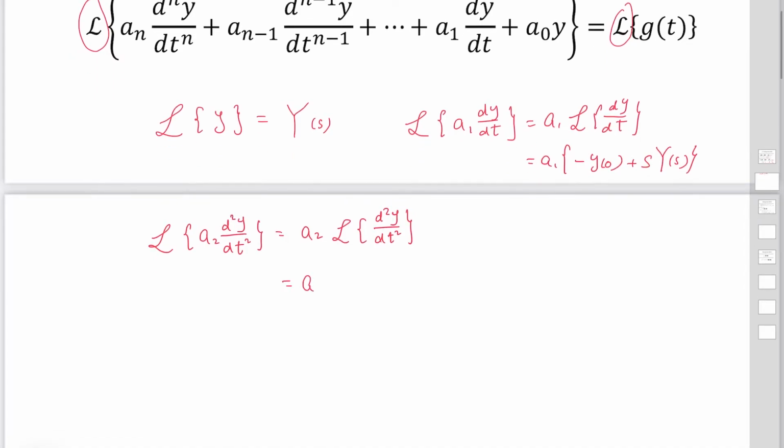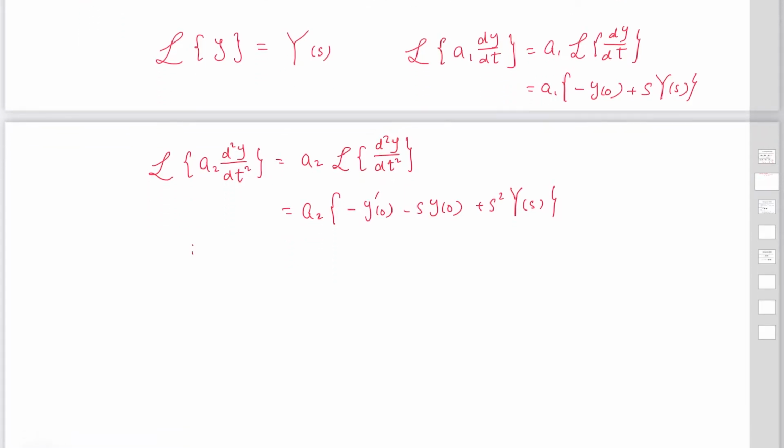This becomes a sub 2 times minus y prime 0 minus s y0 plus s squared times the Laplace transform of y, a function of s.